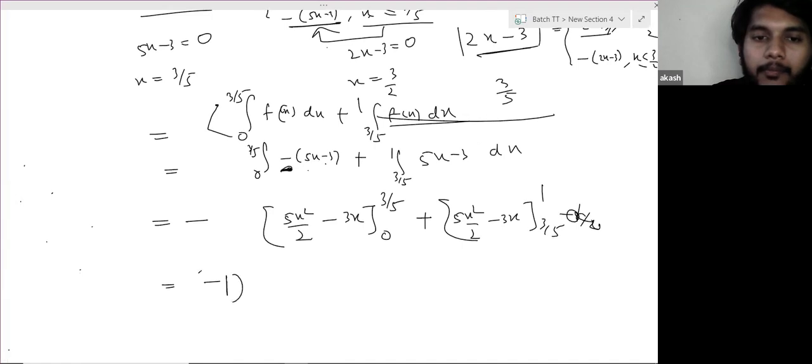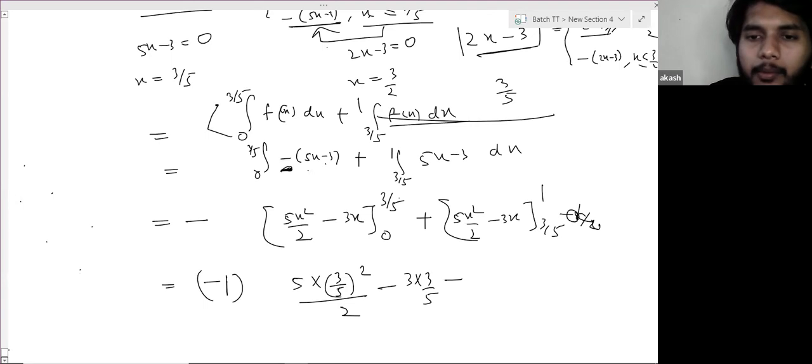Minus 1, we'll deal with this later. When you put 3 by 5, so 5 into 3 by 5 whole square by 2 minus 3 into 3 by 5, minus, when you put 0, this becomes 0. So no need to write anything on this.